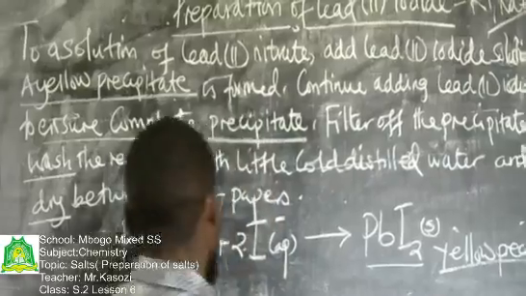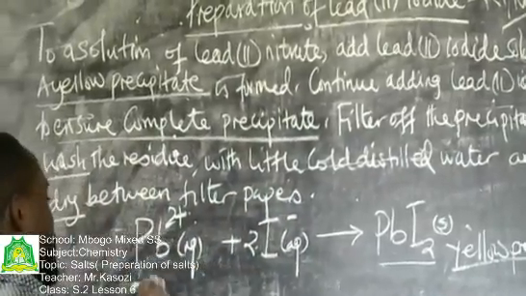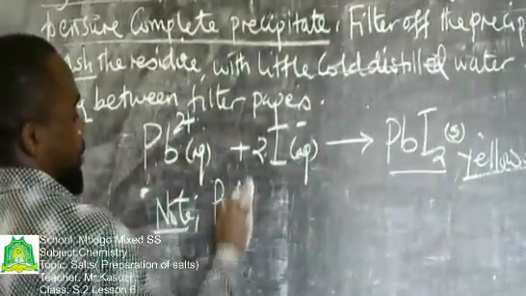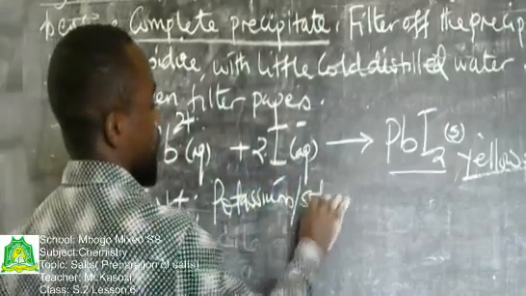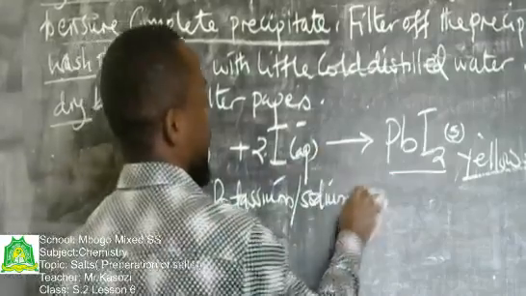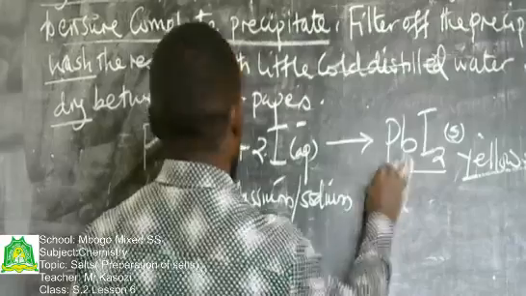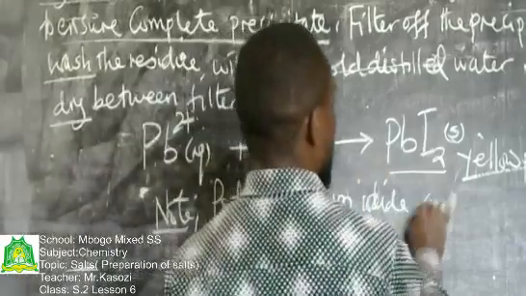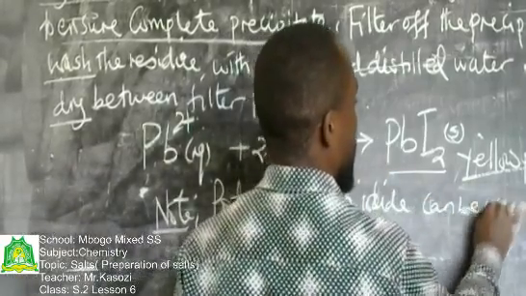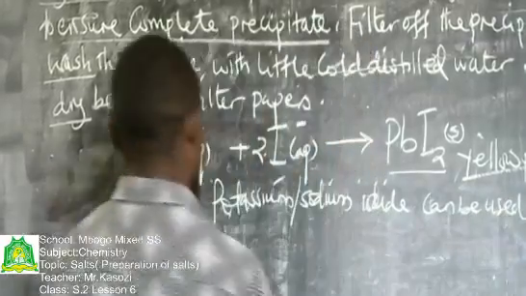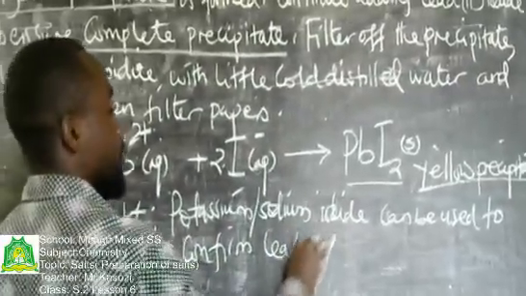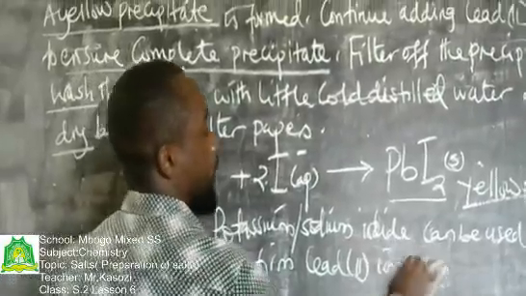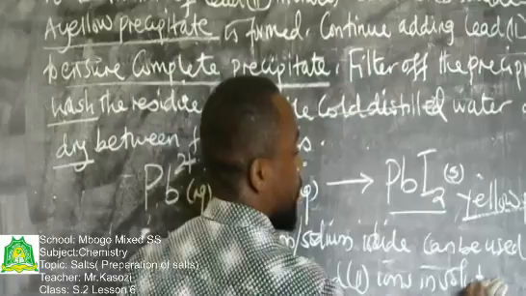Then, if we are testing, let us put this note: potassium iodide or sodium iodide can be used to confirm lead 2 ions in solution.